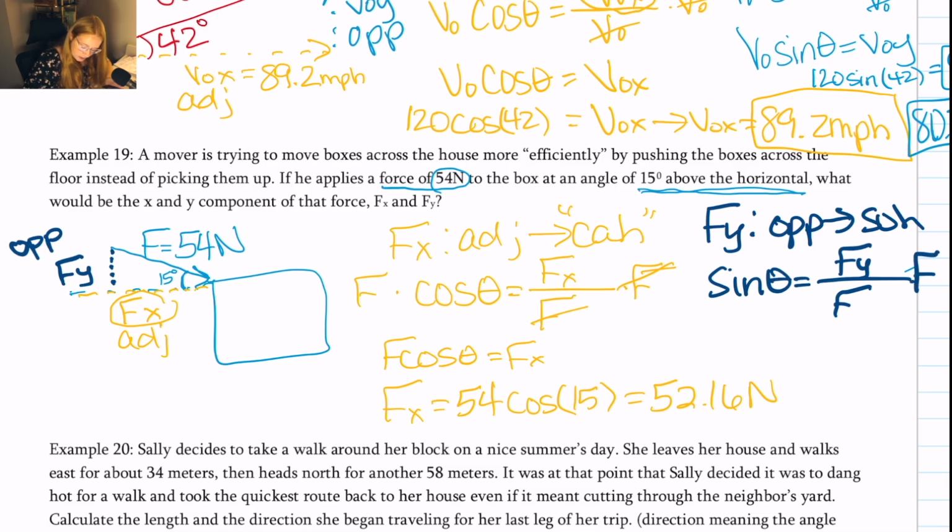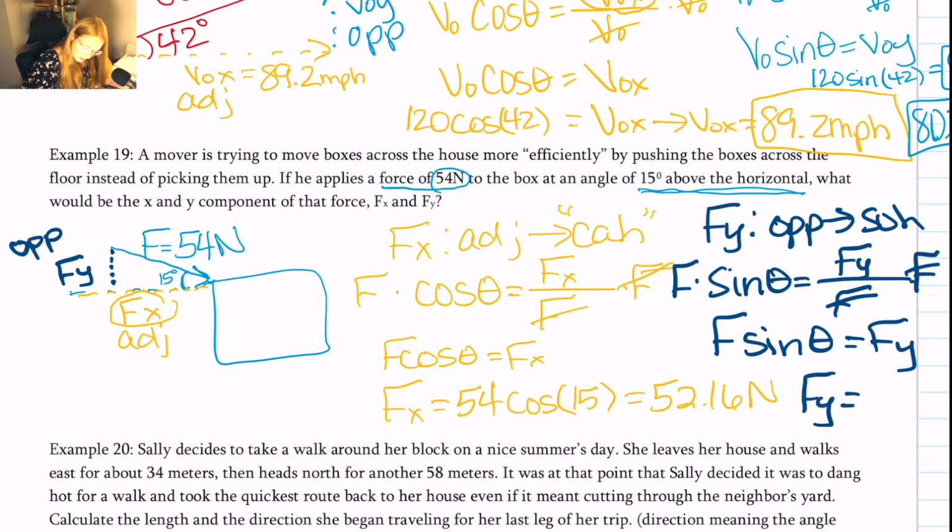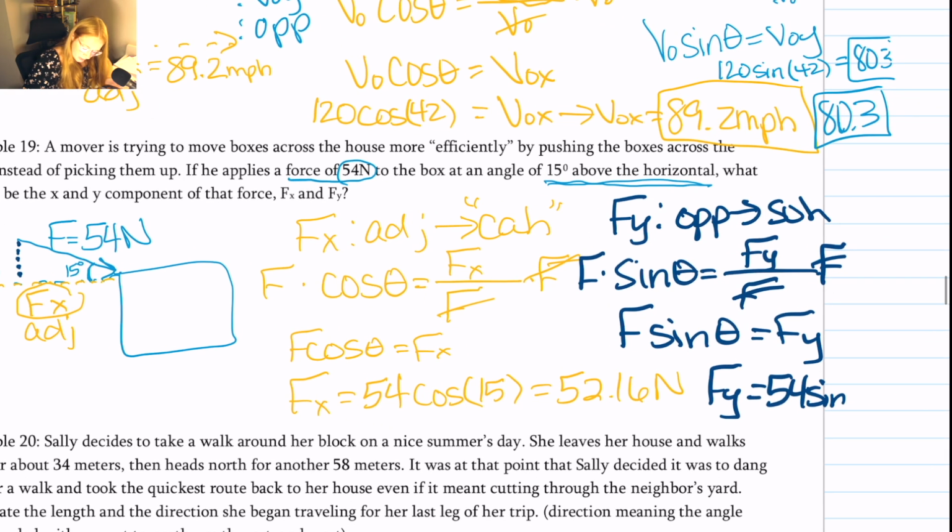Move F to the other side, and we're done. Let's plug in our numbers. F is 54, sine of 15. 54 sine 15 is 13.98.